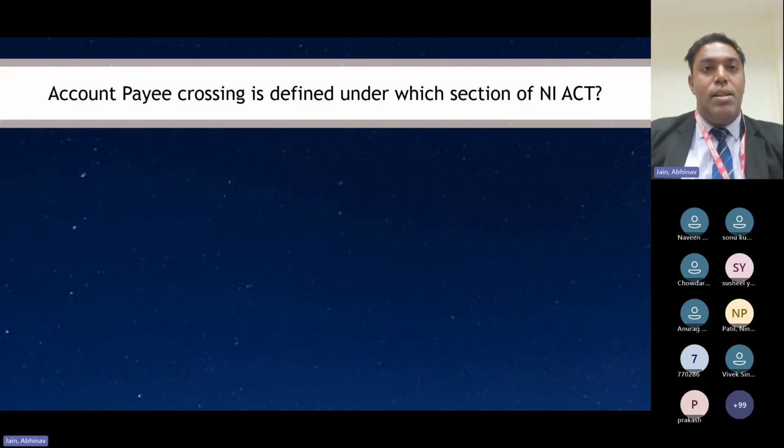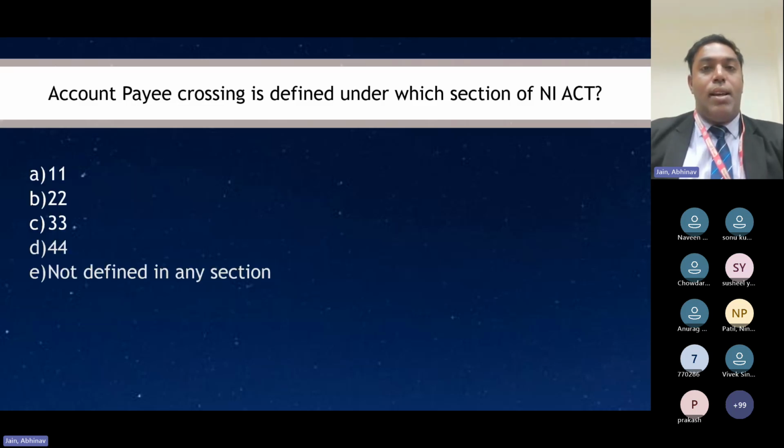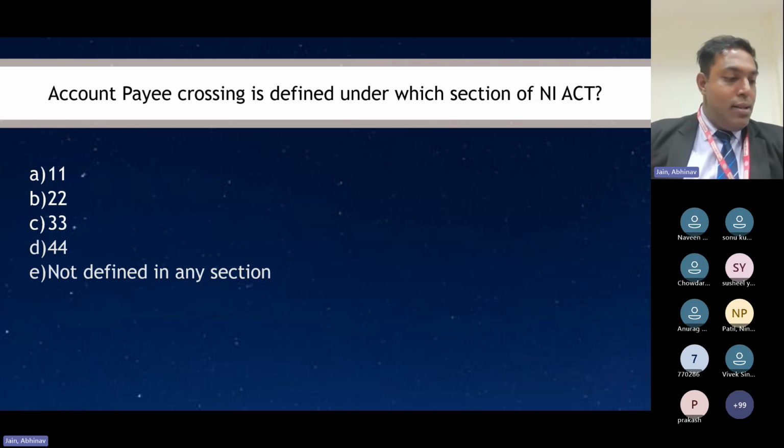Okay, next. Account pay crossing is defined under which section of NI Act? This again might be an important question. Under which section of NI Act we are discussing about account pay crossing? Okay, I'm receiving a few responses. Only 2 responses I have received. I expect few more responses.